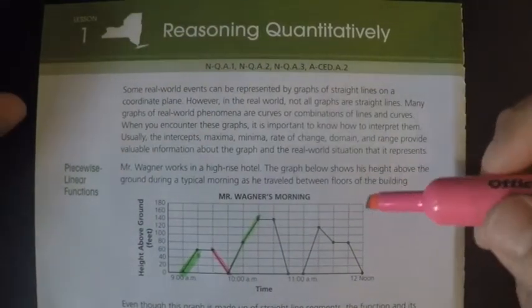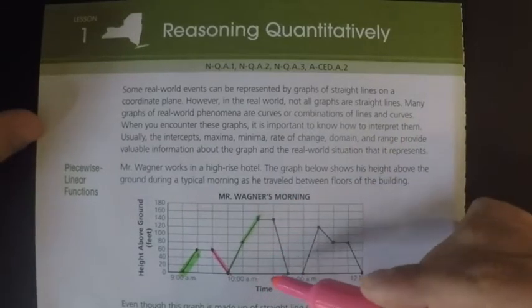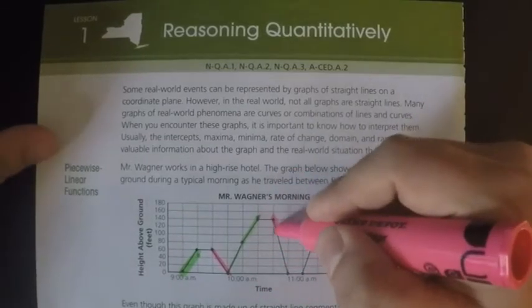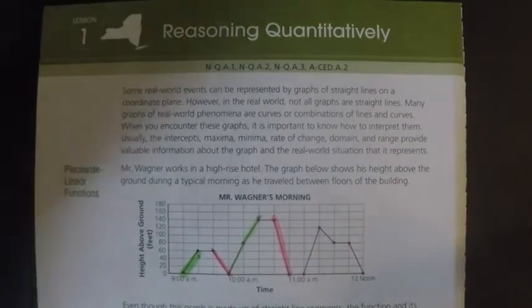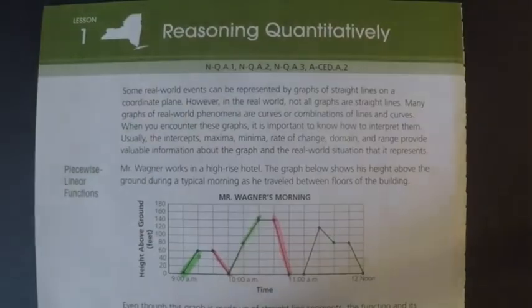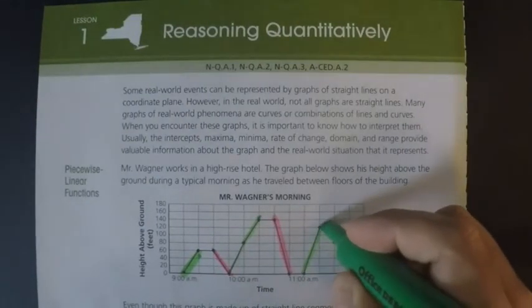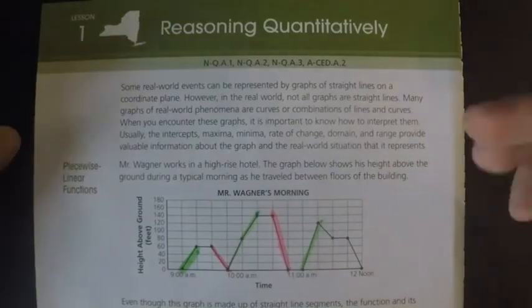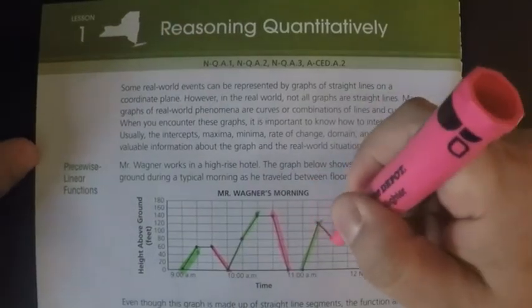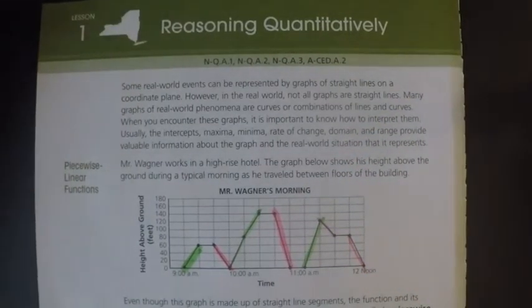Then at 10:30 to 10:45, he's traveling straight down from 140 feet down to 0 feet, waits down there, and then again at 11, travels up not quite as high to 120 feet, and slowly works his way back down over the next hour, back down to the floor at noon.